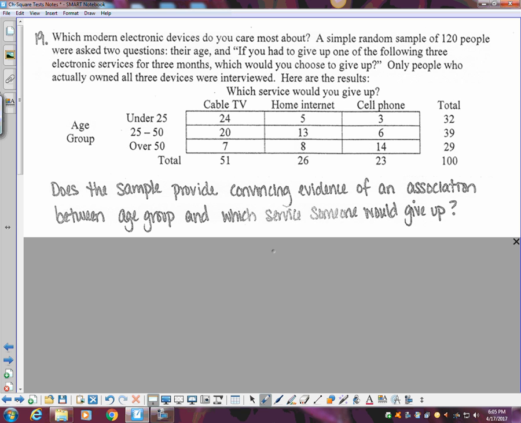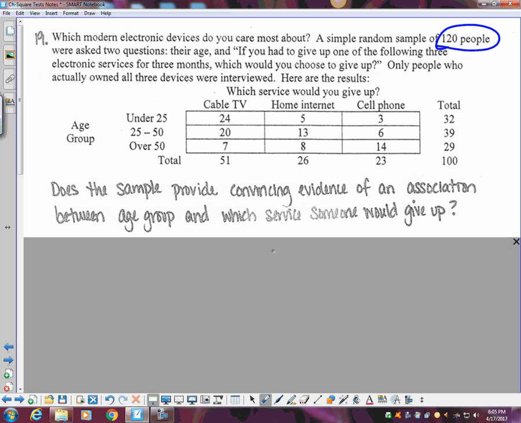Okay, so I'm already seeing I have 120 people. That is one sample. And then I have 2 variables: your age group and which service would you give up. And I can see that I don't have 3 separate populations because I only had 120 people.